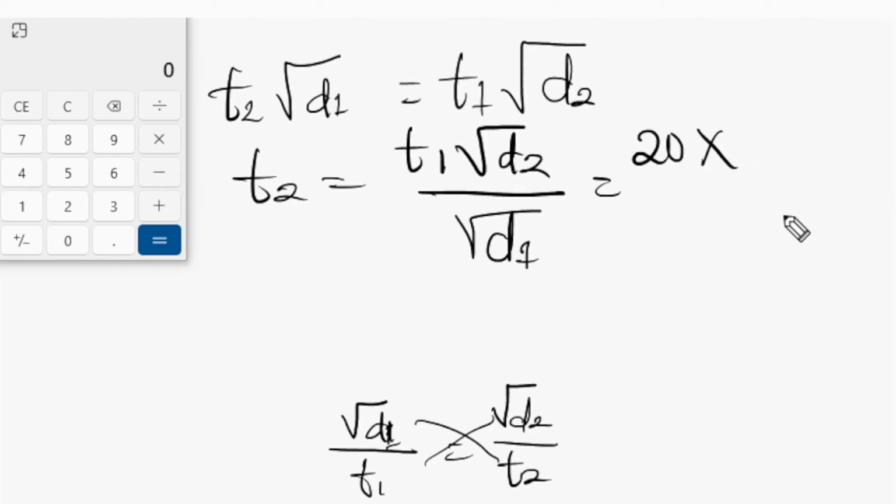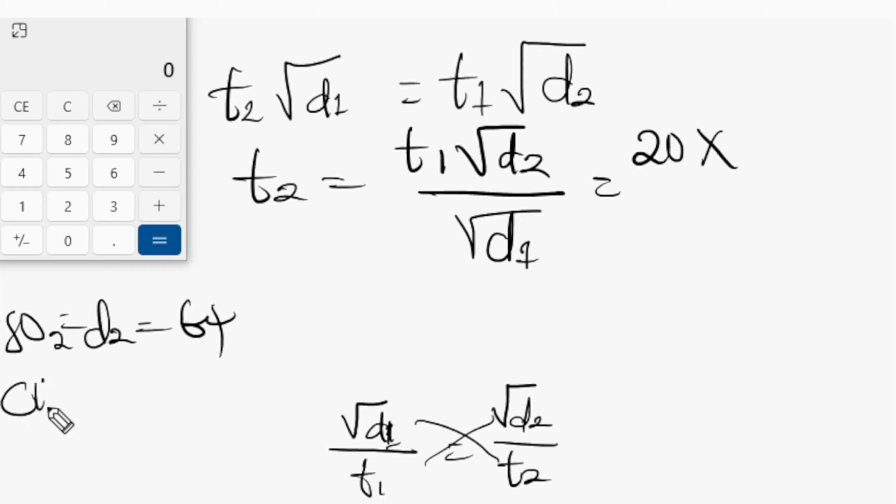And then root D2 is going to be root 64 from what we got. Remember, we got D2 to be 64. That's for sulfur dioxide. D2 is for sulfur dioxide.